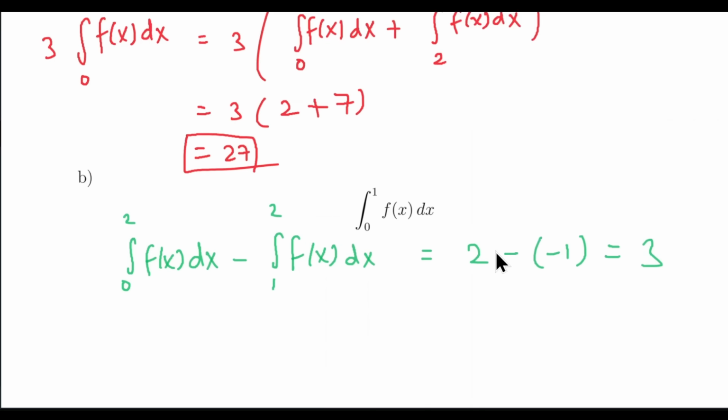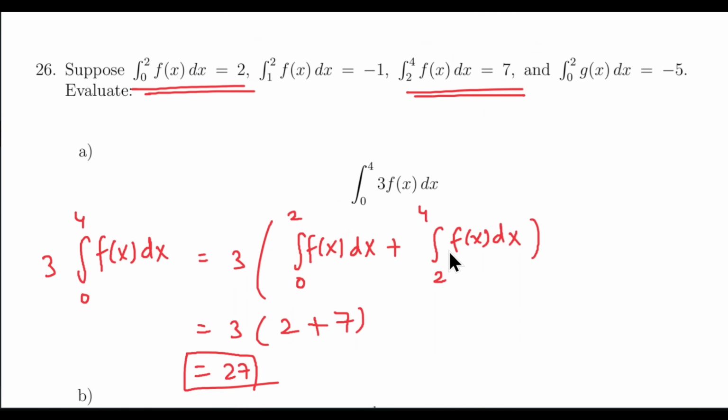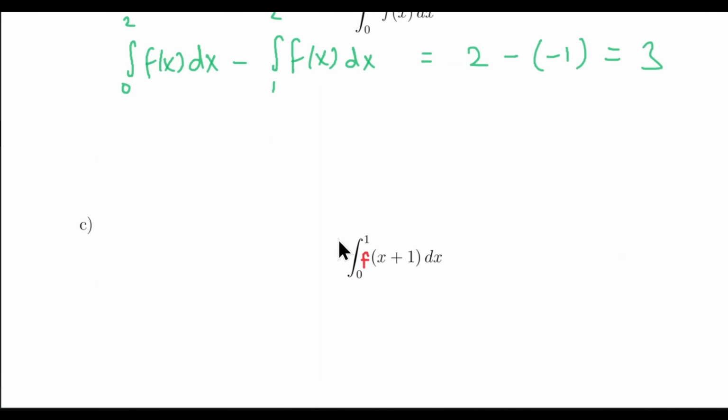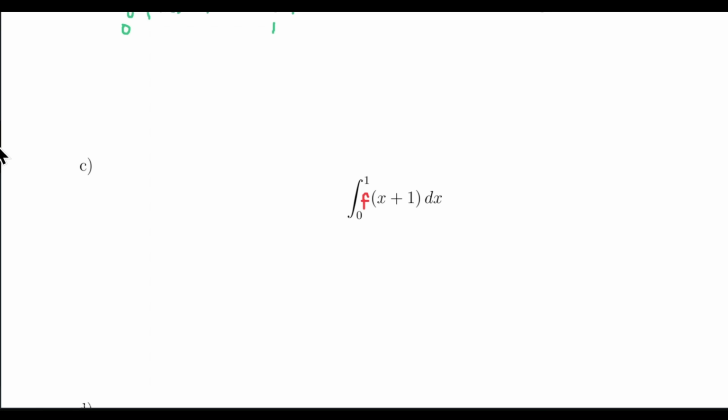Okay, so f of x plus 1, I don't really have f of x plus 1. I have all these as f(x) or g(x). So I have to do a u sub, of course, because I do not need x plus 1 here. I just need a single variable. So I'm going to take u as x plus 1. So obviously du is just dx. But remember, the bounds are going to change.